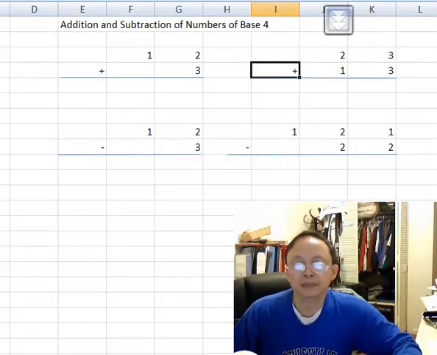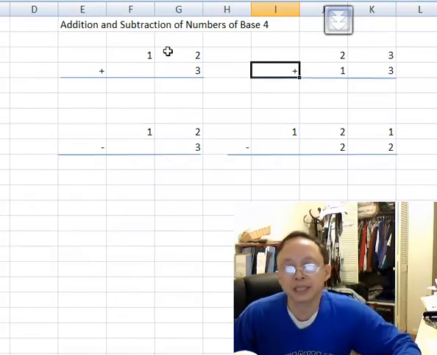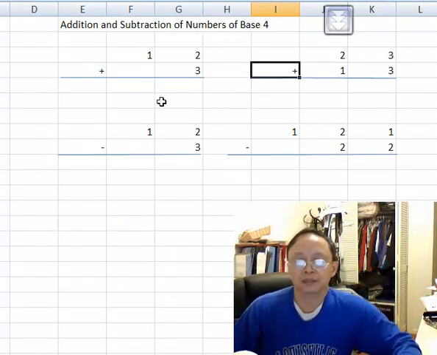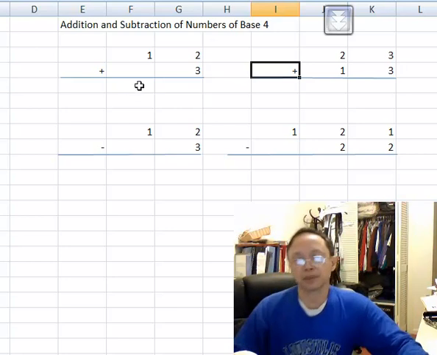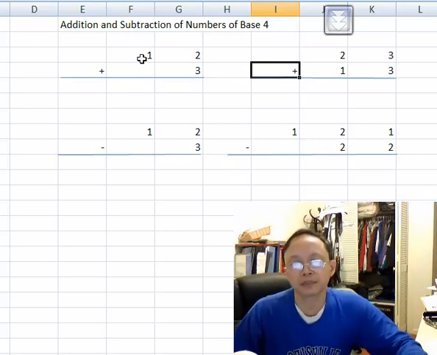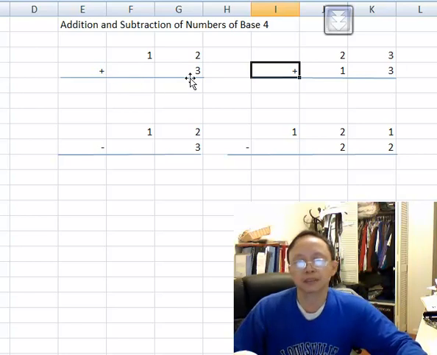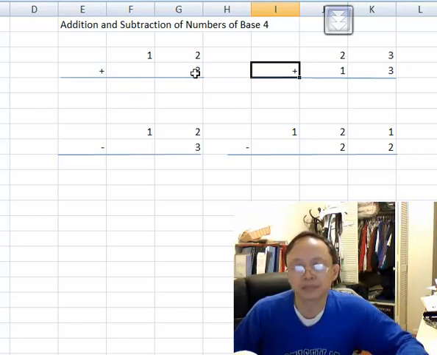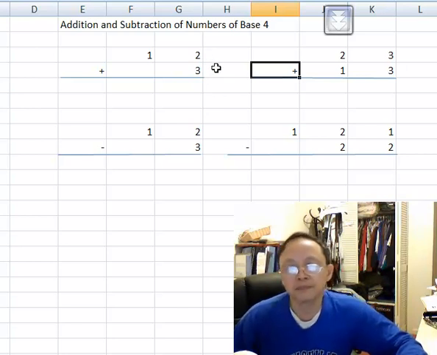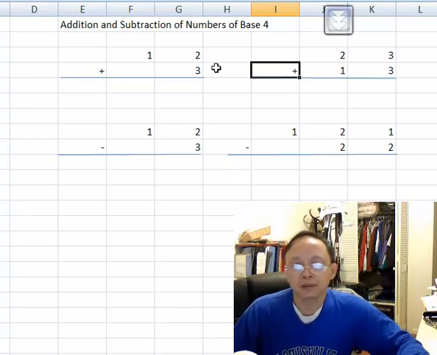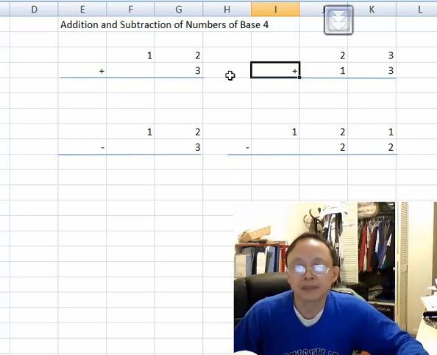So the next one, we want to do addition and subtraction of base 4 number. So let's see the first example. Suppose we have base 4 number 1, 2 plus 3. All these are base 4 number. Now the difference of addition and subtraction from decimal numbers. In decimal number, if our sum is bigger than 10, then we will have carry.